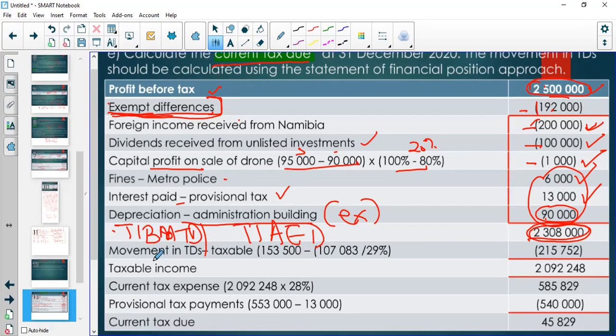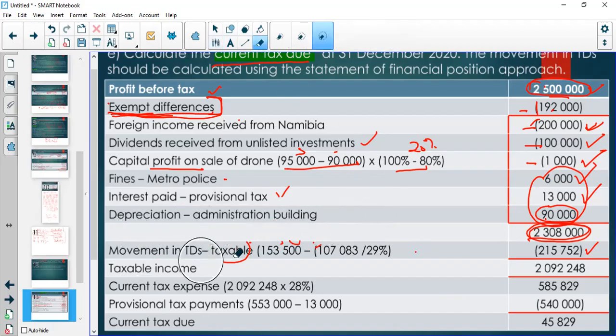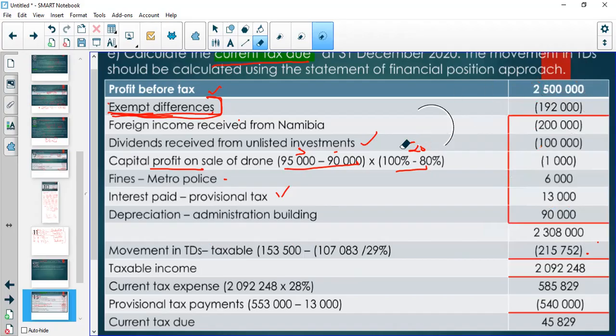Then remember, we have this movement in temporary differences, and we said it's taxable, and this is the amount. So how do you deal with taxable? If the movement in temporary differences is taxable, that can be confusing, but I want you to listen very carefully.